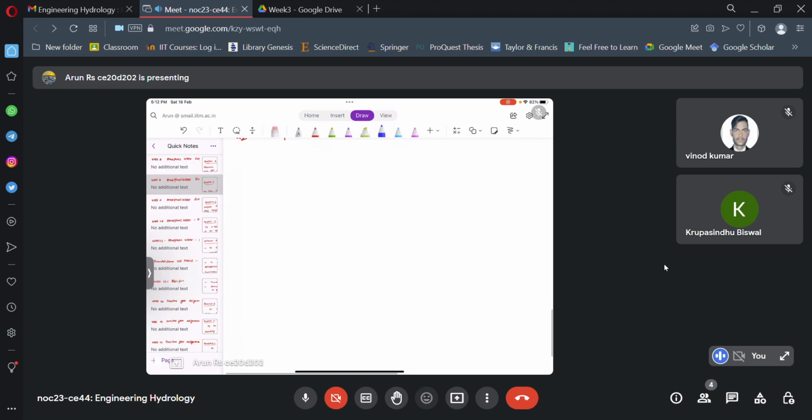So the first part is the saturation vapor pressure. So ES corresponding to temperature maximum, the same equation which you are familiar with, divided by, so this will give you the saturation vapor pressure in kilopascals.